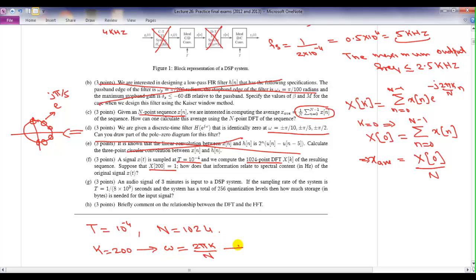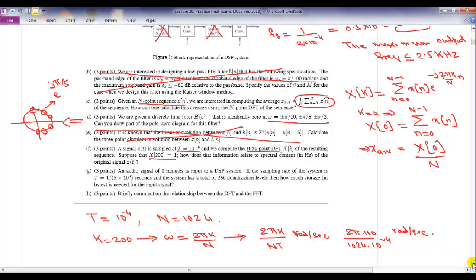We had a whole discussion about which indices of the DFT correspond to 0 to pi and which correspond to minus pi to 0. And then this discrete time frequency corresponds to which continuous frequency? That is 2 pi k over NT radians per second. So we are looking at 2 pi times 200 over 1024 times 10 to the minus 4 radians per second frequency in continuous time.